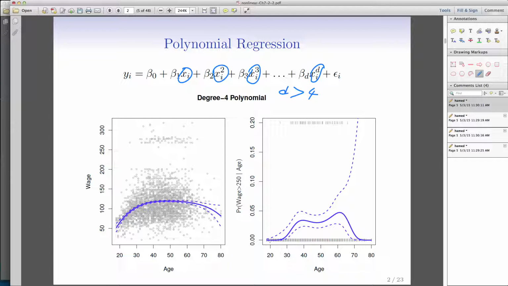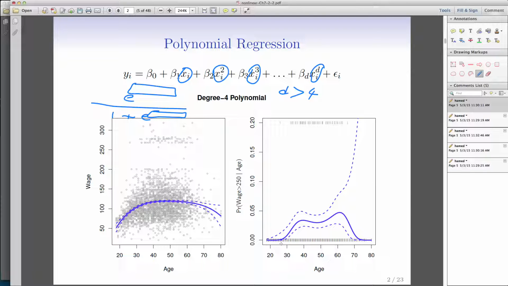So you want to see how the probability of becoming a high earner will change by age. We use just logistic regression, but in the function we use nonlinear terms. Exactly the same thing we did here, with the only exception that we've put that function in an exponential and divided by 1 plus the exponential of that function. So we get this nonlinear curve.